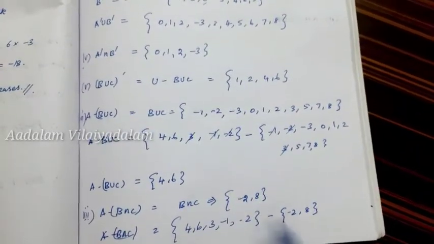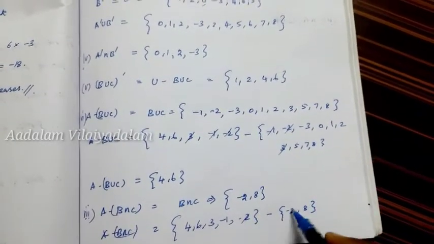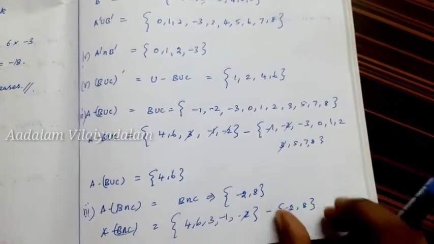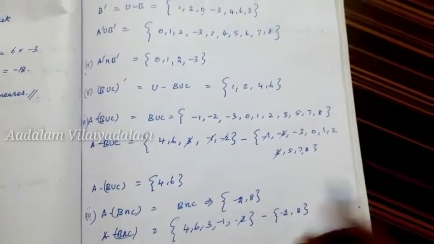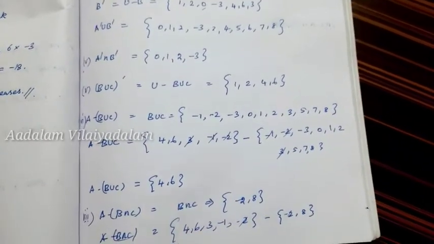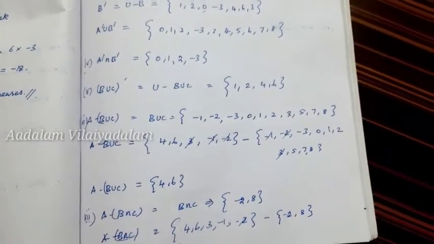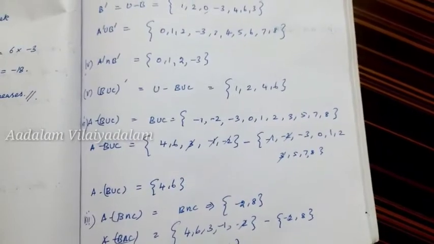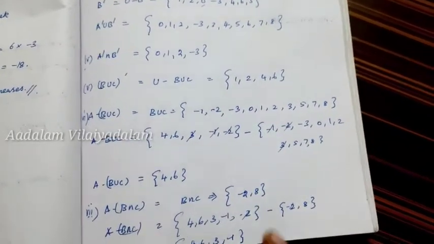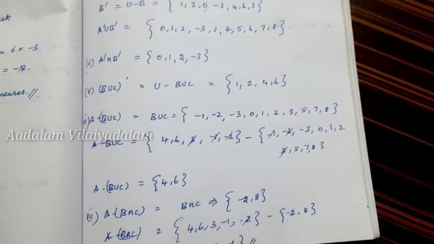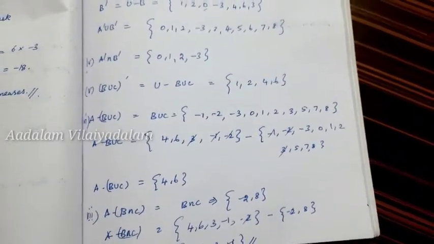So remove the common element, minus 2, then subtract B intersection C. The remaining elements 4, 6, 3, minus 1 are called A minus B intersection C. This is the first subdivision. The first sum gets over.